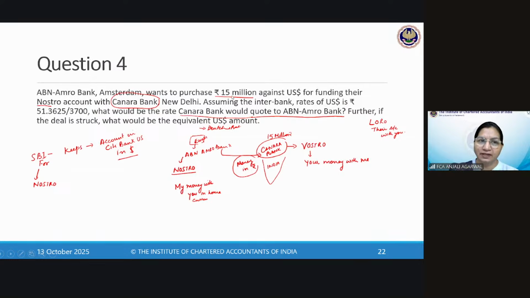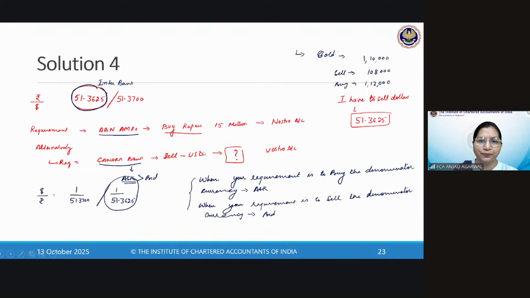It's ABN AMRO's requirement for 15 million rupees against US dollar for funding the Nostro account. But the Nostro account is with Canara Bank, so Canara Bank has to do it for ABN AMRO. As an agent, Canara Bank will buy 15 million rupee and sell US dollar indirectly.